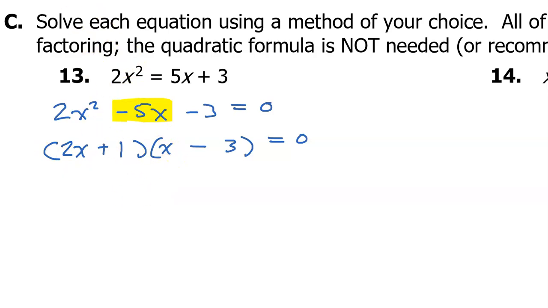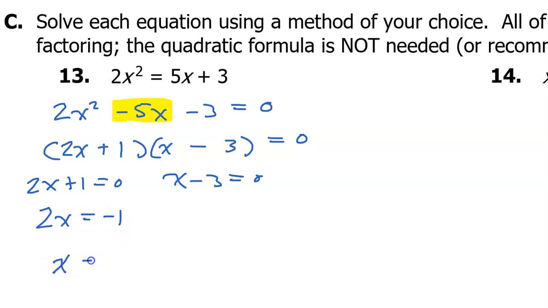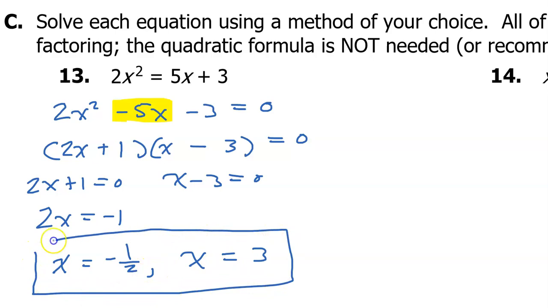To solve, we will use the zero product property and set each of these equal to 0. So this is going to give us 2x is equal to negative 1 and x is equal to negative 1/2. And this one gives us x is equal to 3. So these are the solutions to number 13.